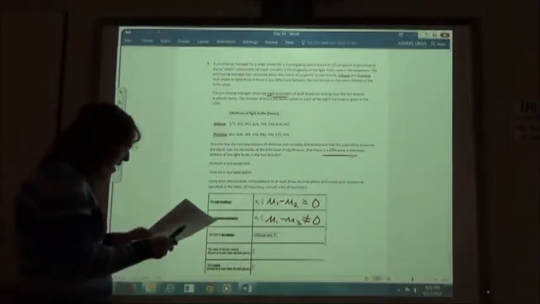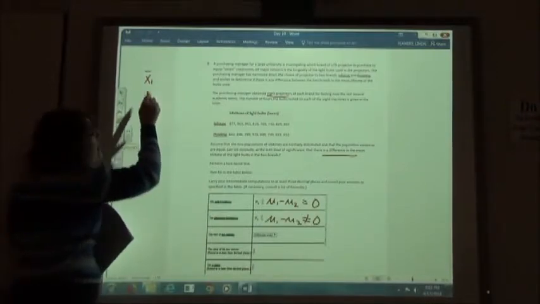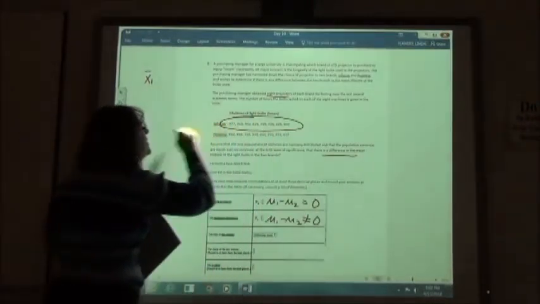So hopefully you've got some of that typed in there. My mean of my first set of data. So the mean of this set of data here. Did you guys get that into list 1? And then, yep, stat, calculate your one variable statistics.